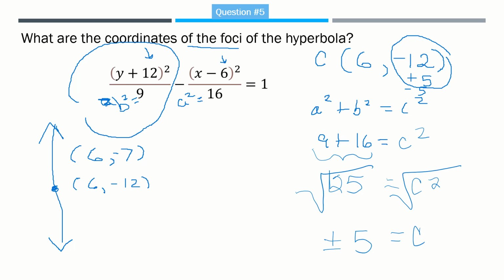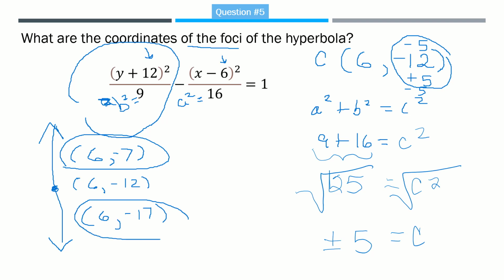Okay, and then -12 minus 5 is 12, 13, 14, 15, 16, 17, 6, -17. Foci 1 and foci 2.